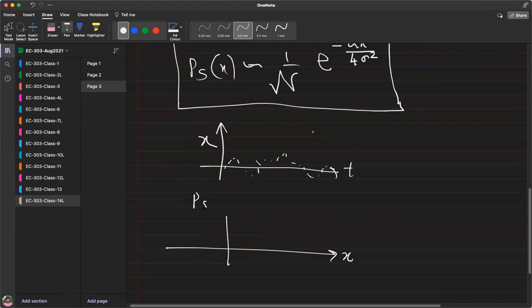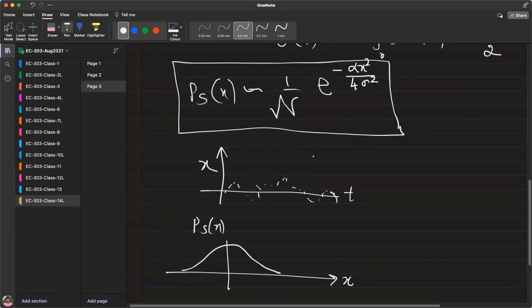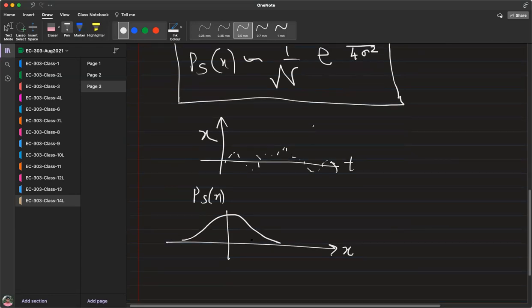If I take this time series and compute the histogram, it will be a normal distribution centered at 0, with some variance that depends both on the sigma square of the external noise and on alpha, the return rate of the system. Sorry for the bad drawing.